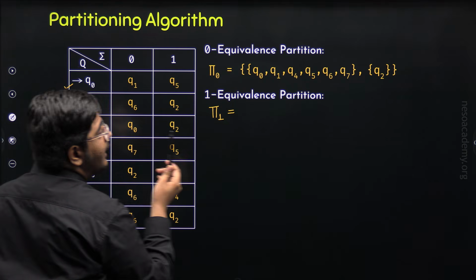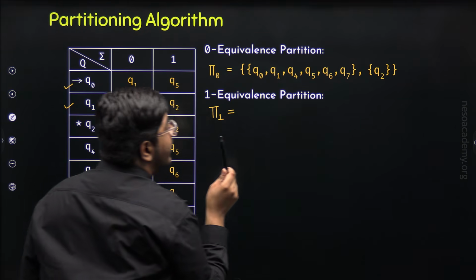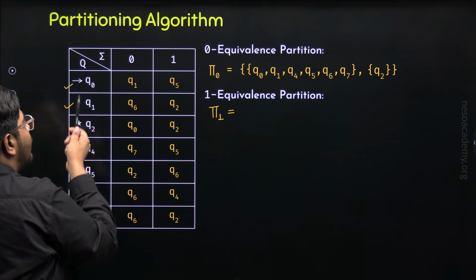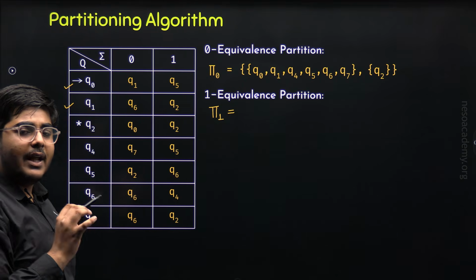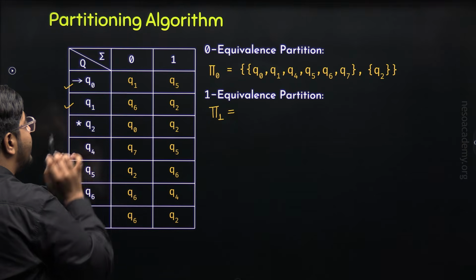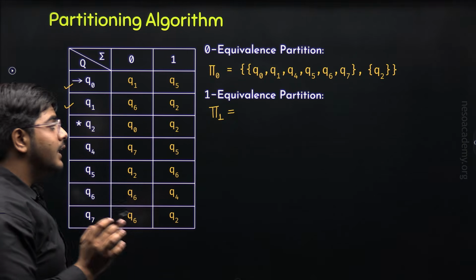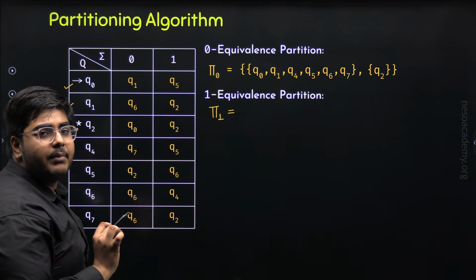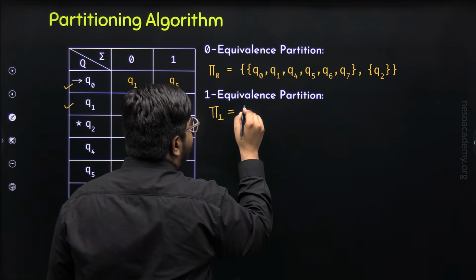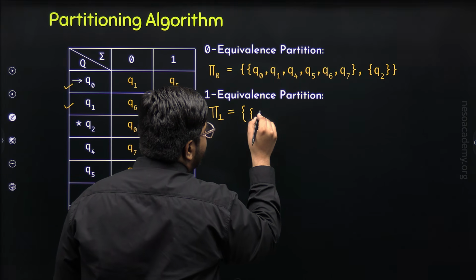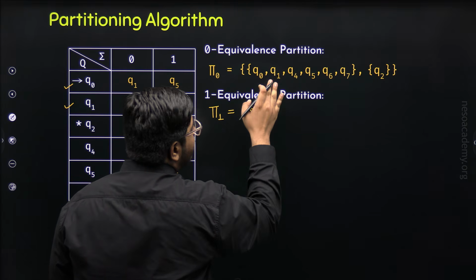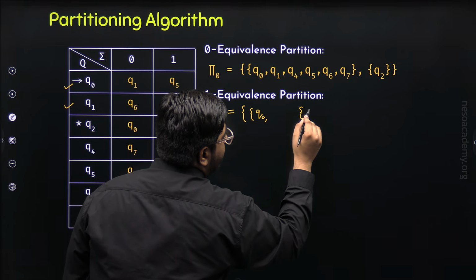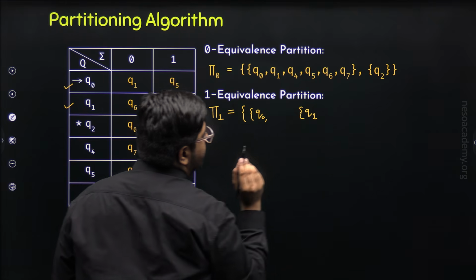Q5 and Q2 lie under different partitions, which means Q0 and Q1 are not equivalent to each other. Q0 and Q1 are distinguishable states. That is why we cannot place Q0 and Q1 under the same partition. So our first partition will contain Q0, and Q1 will be separated from this partition. So there will be a new partition containing Q1.